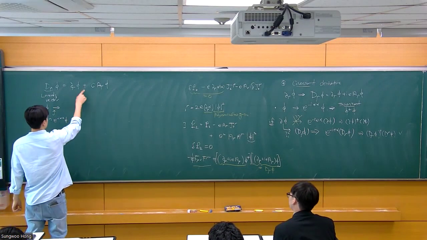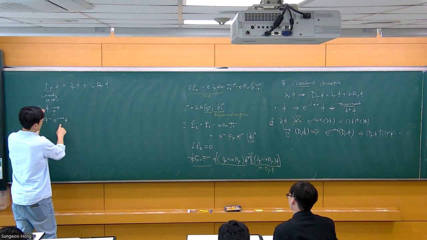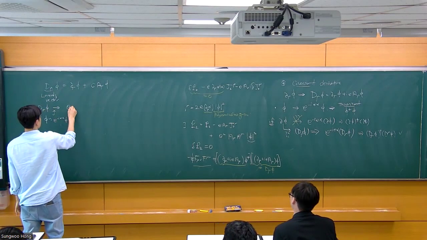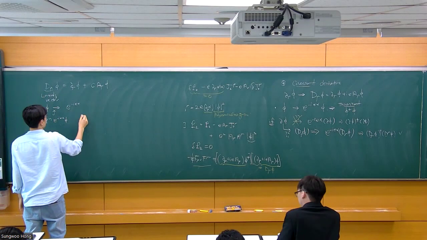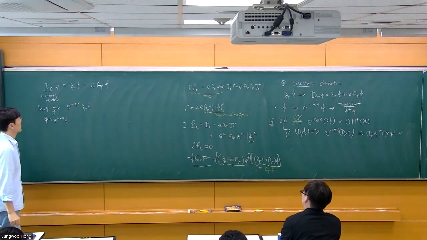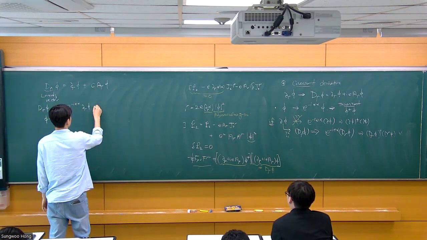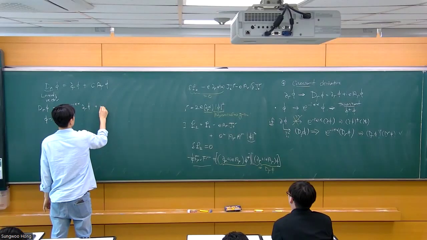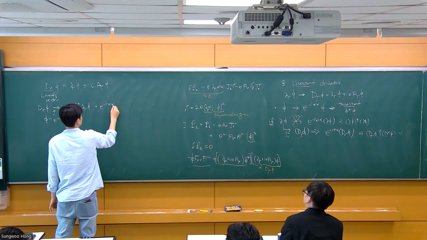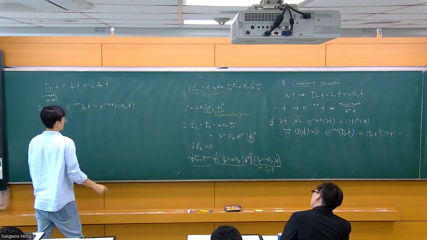So first, when the derivative hits the field, not the alpha, I will have minus i e alpha, and then by chain rule, this term also has a transformation that behaves like e to the i e alpha.